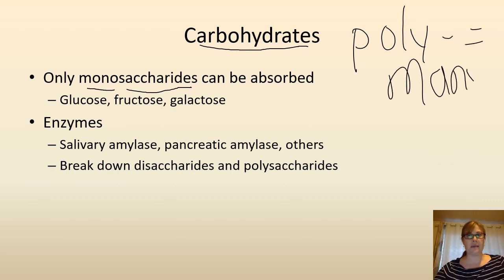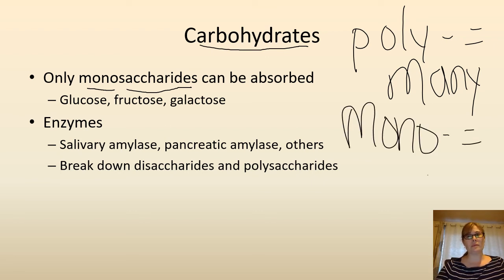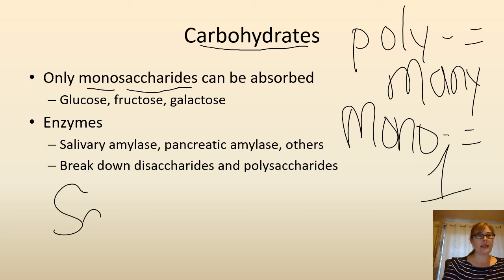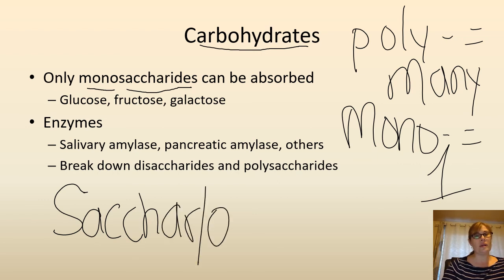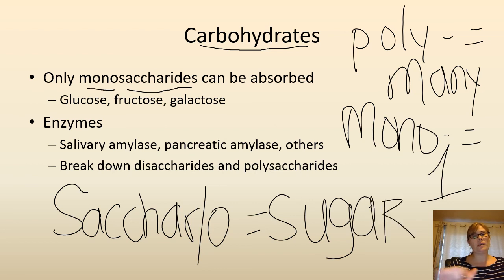Mono, therefore, means one. And saccharo, S-A-C-C-H-A-R-O, means sugar. So in order for a carbohydrate to be absorbed, we need to make it smaller so that it's just one sugar instead of many sugars. And so we can only absorb monosaccharides.